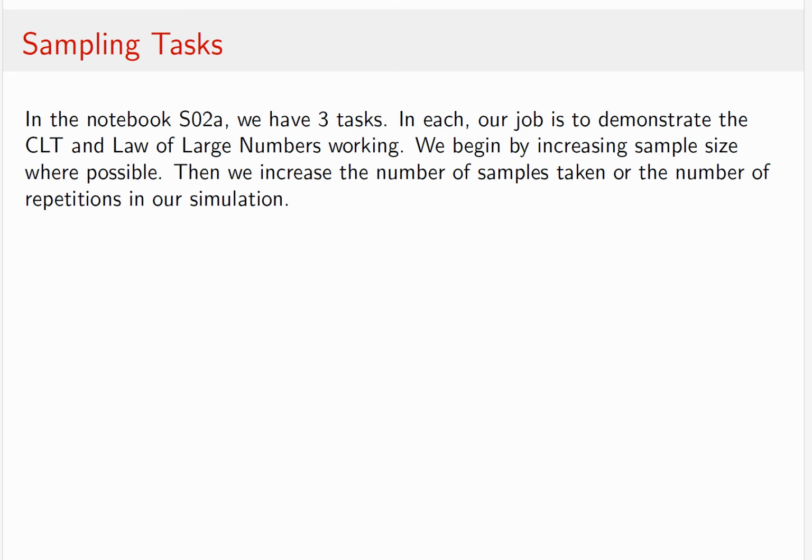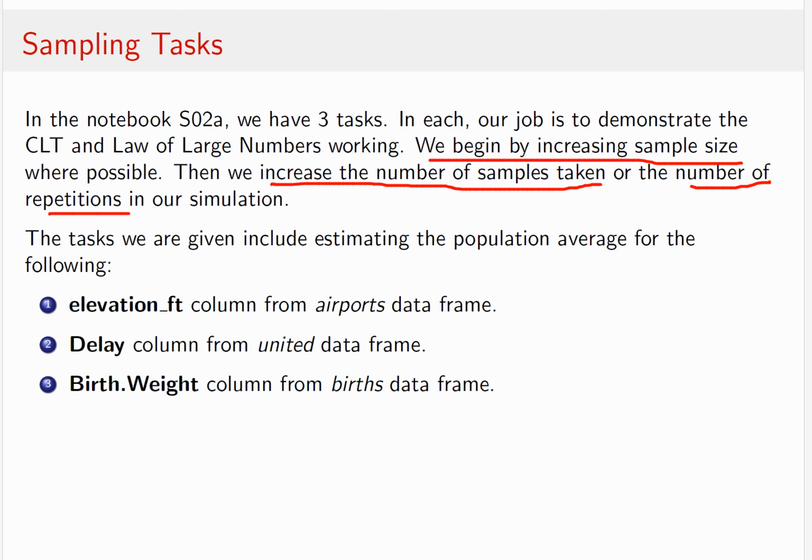Okay, so they give us 3 tasks in the notebook. And so what's our job? Our job is to begin with the central limit theorem, and we're going to increase the sample size where possible. And if we haven't progressed far enough, we're going to increase the number of samples taken or the number of repetitions. Okay, and we have 3 different tasks.